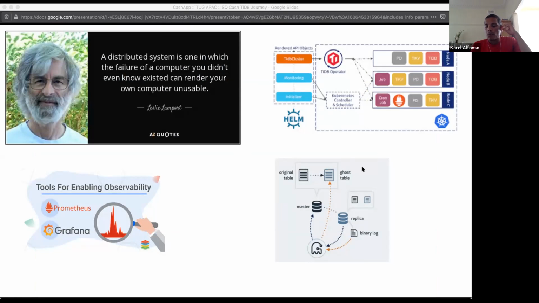I just wanted to give you, from an engineering point of view, my personal view on TiDB. For us, the journey is like you would expect. It's a fully distributed system. I like to sometimes show this quote from Leslie Lamport, who is a renowned academic in the distributed systems community, where he says a distributed system is one in which a computer that you didn't know existed can render your computer or your whole system unusable upon failure, and it could be a computer or a process.